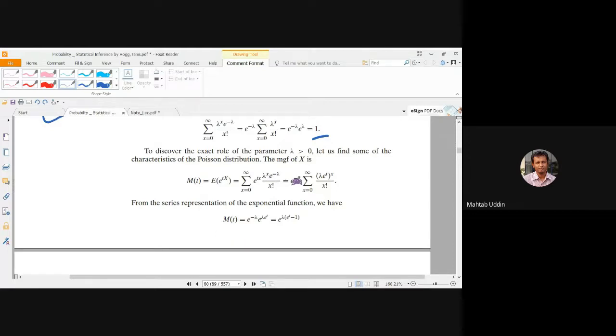E to the power lambda is constant, so we can write it in exponential form. So this is e to the power minus lambda, and this is e to the power lambda e to the power t. Very funny, right? Then if you take e to the power lambda common, we get e to the power lambda times (e to the power t minus 1). Can we write it?